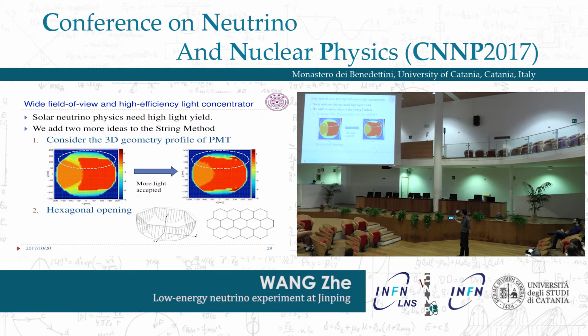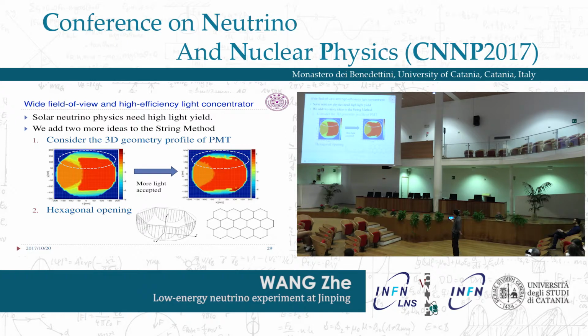Previously, I mentioned we can realize the PMT photocathode coverage of 100%. This is how it is achieved. We designed a new light concentrator because of this need for high light yield. We consider the 3D geometry profile of the PMT. It's not a flat panel, it's a sphere.